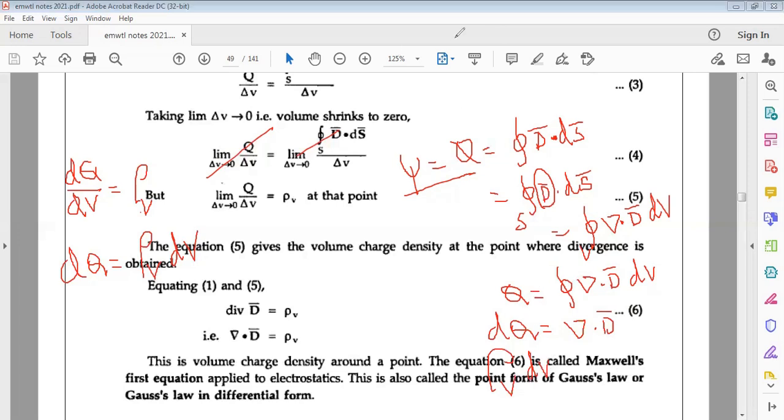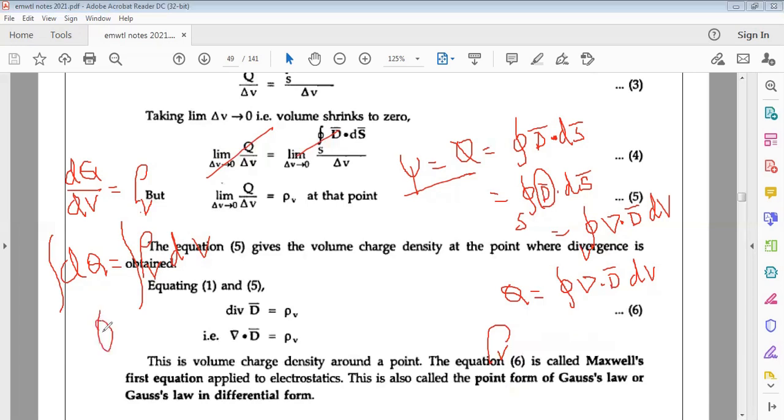Or otherwise, if you are confused by this one, simply you can write this change in integral value here and substitute rho v into dV, or you take the integral on both sides. Integral dq is equal to integral rho v into dV.